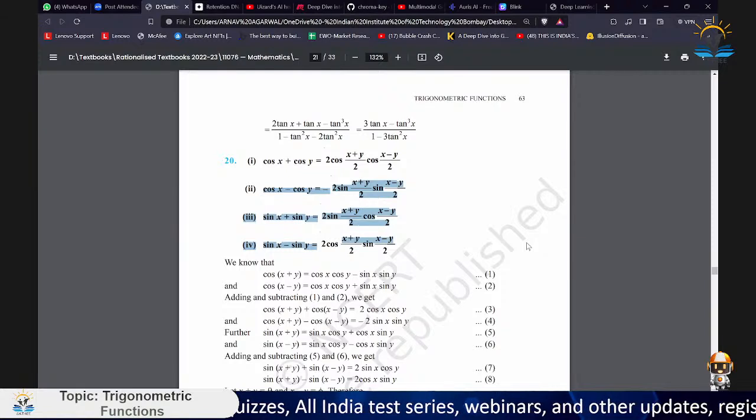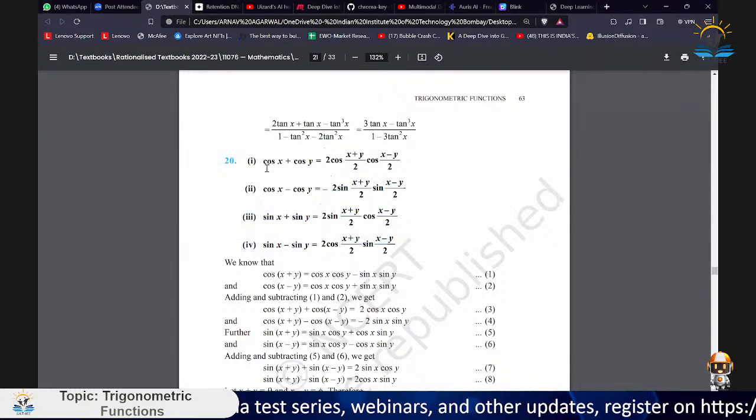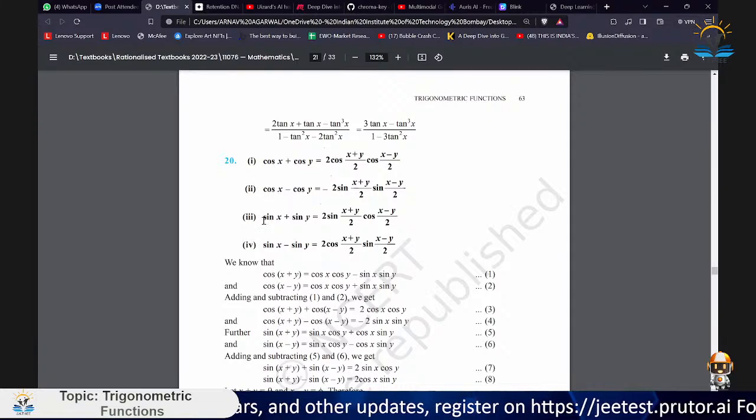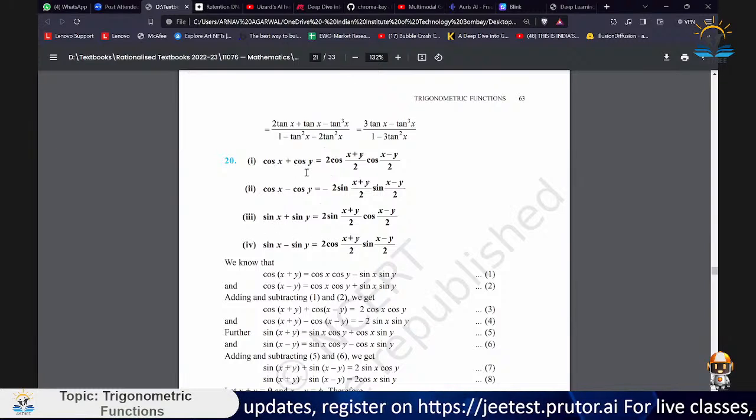All we can do is factorize cos x plus cos y, cos x minus cos y, sin x plus sin y, and sin x minus sin y. All these four formulas are very, very important.